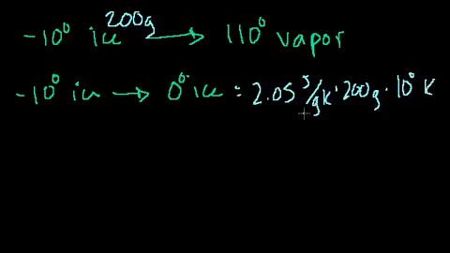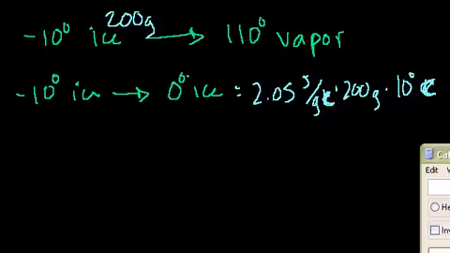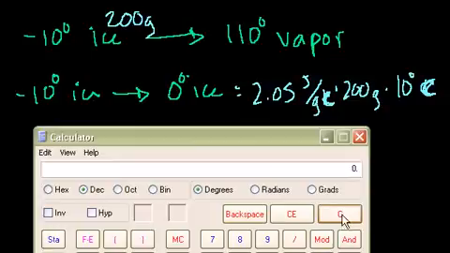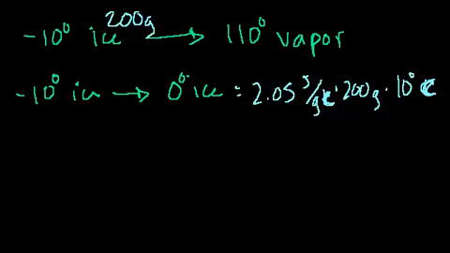It doesn't matter whether we're using Kelvin or Celsius. I could have written Celsius in the units. Let's put Celsius right there. So what is that equal to? Let me get the calculator. 2.05 times 200 times 10 is equal to 4,100 joules.